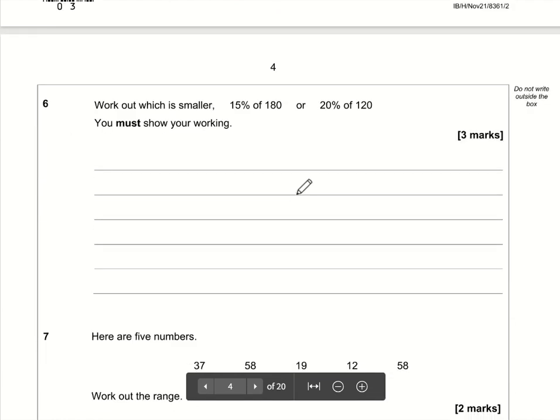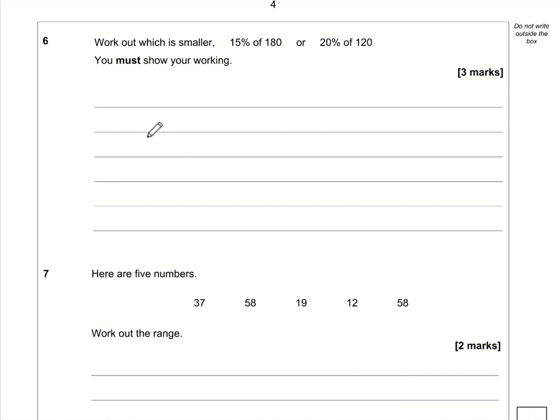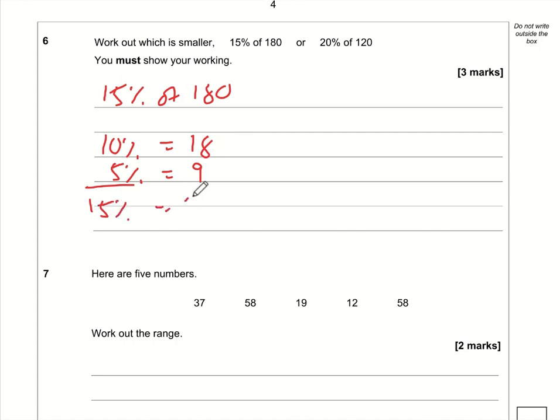Question number 6, work out which is smaller, 15% of 180 or 20% of 120. Okay, so 15% of 180, let's work out 10%. 10% is 18, so therefore 5% is half of 10%, so half of 18 is 9, so therefore 15% is going to be 18 plus 9, which is 27.